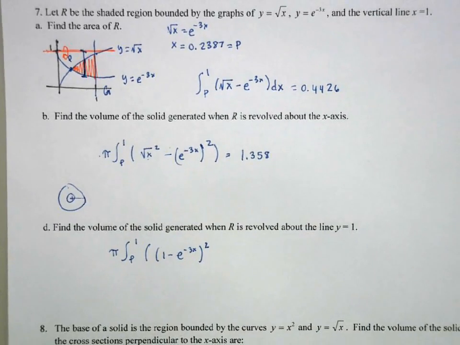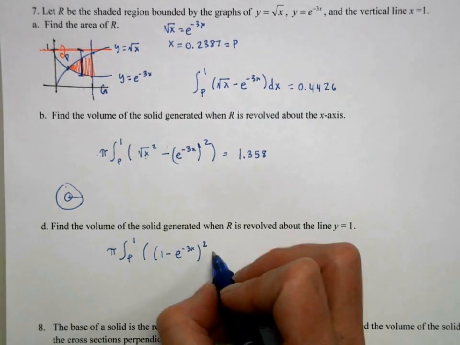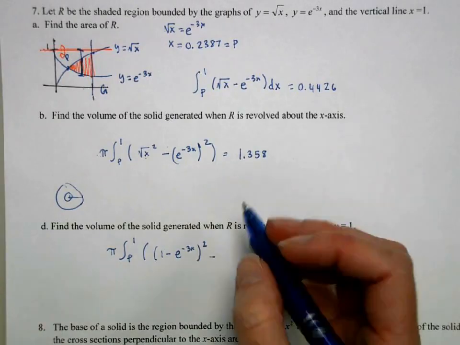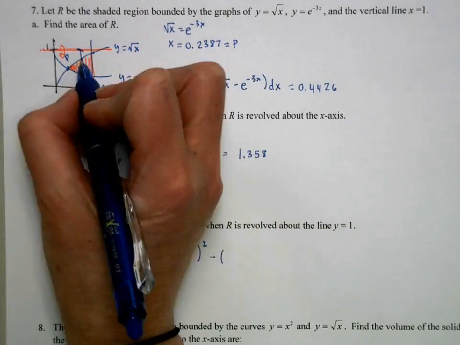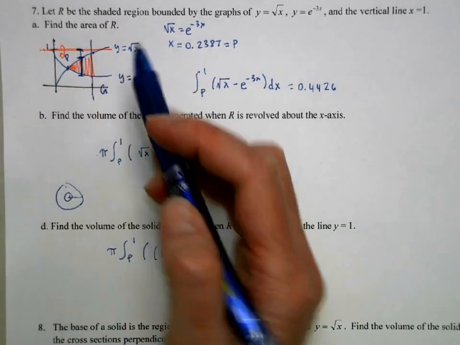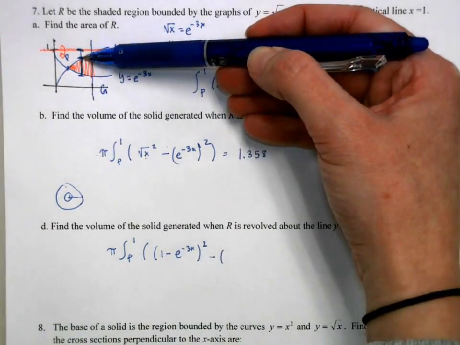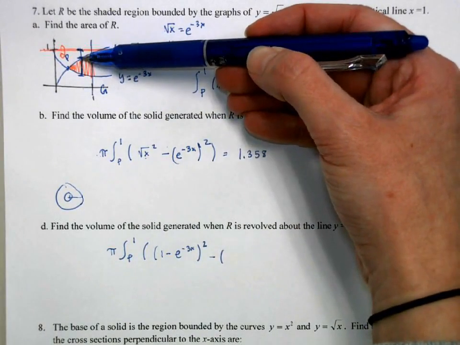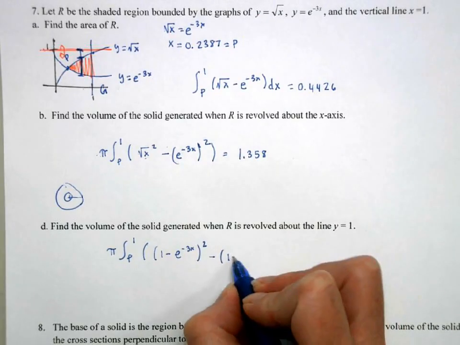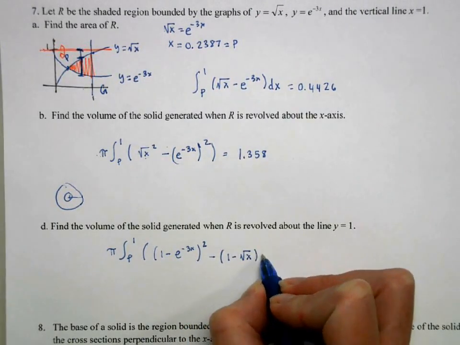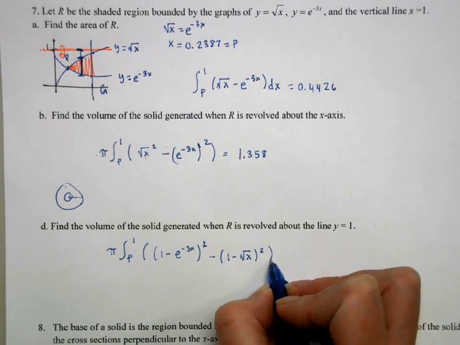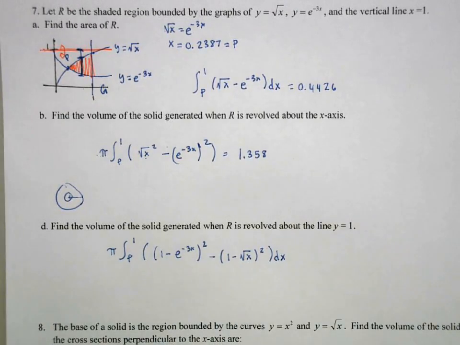My inside radius is going to be that distance there. The distance from here to here is the square root of x. I want the distance from here to here, which is going to be 1 minus that. Then we type it in the calculator: 1.424.